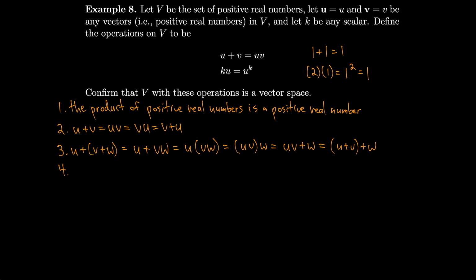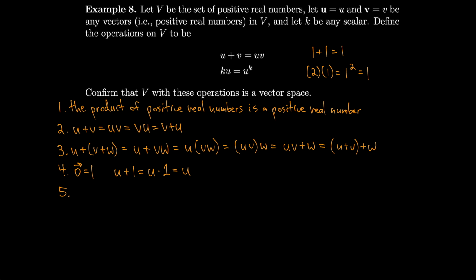How about we take the 0 vector in this case to be equal to the scalar number 1? Notice that'll work because if we take u plus 1, that's u times 1, so that's just going to be u. Weird, I know.